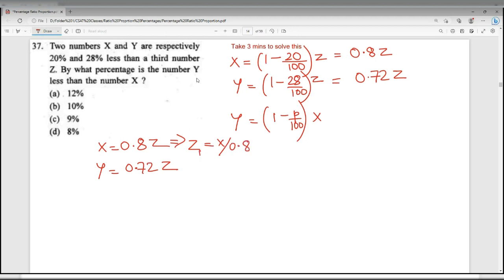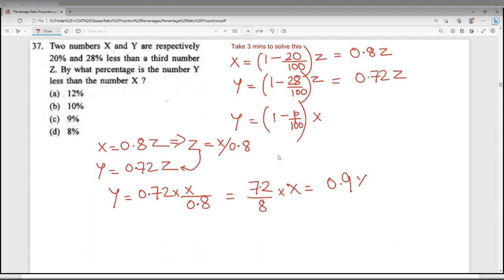So y is equal to 0.72 into x by 0.8, which you can write as 7.2 by 8 into x. This is equal to 0.9 x, and this can be written as 1 minus 10 by 100 x.